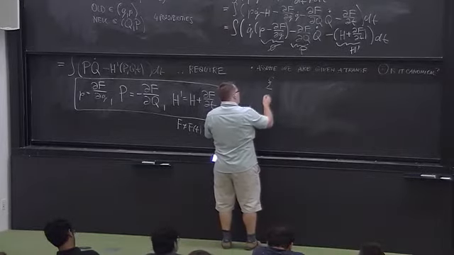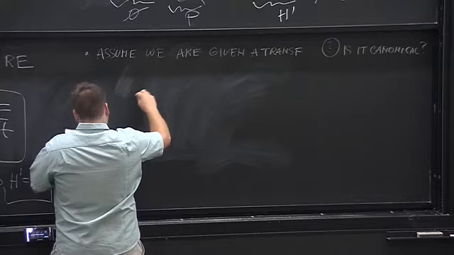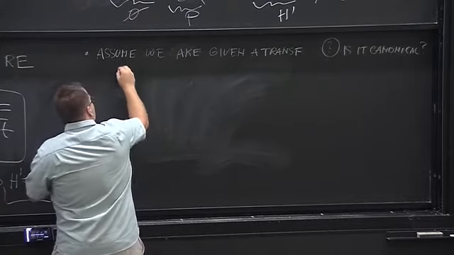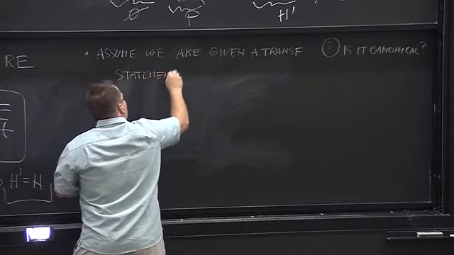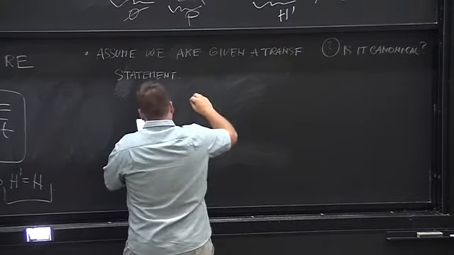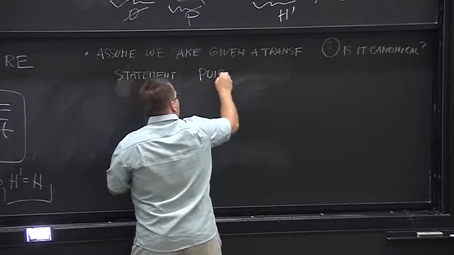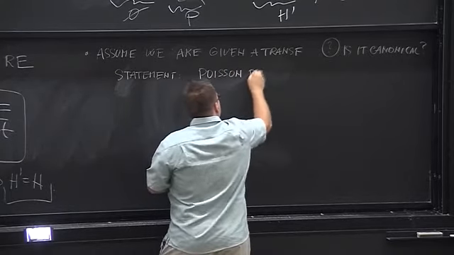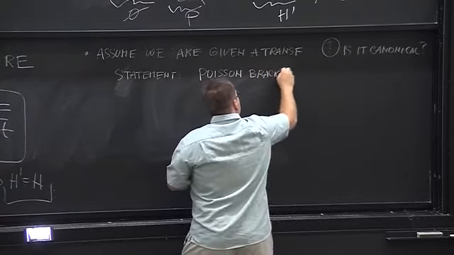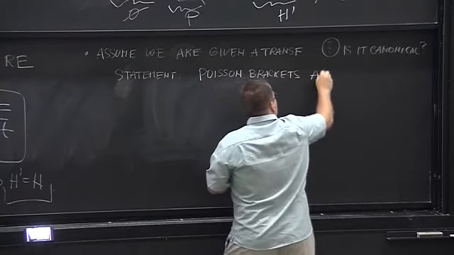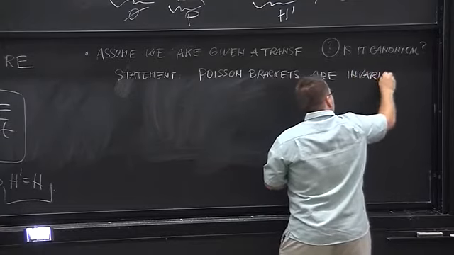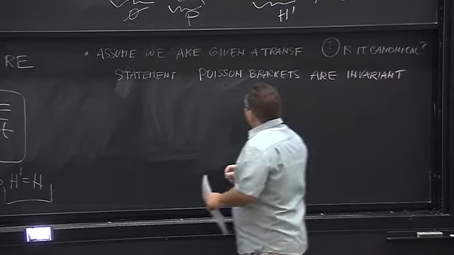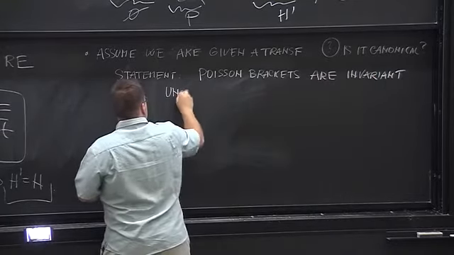So the statement is that Poisson brackets are invariant under canonical transformations.